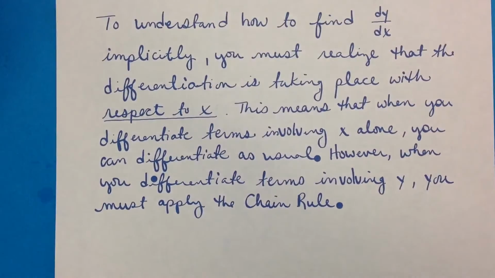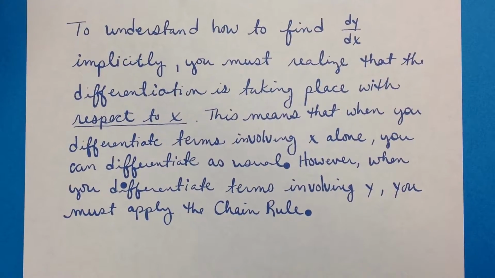Alright, so here's an explanation concerning implicit form. And as it states, to understand how to find dy/dx, remember that's a notation for derivative, you must realize that the differentiation is taking place with respect to x.